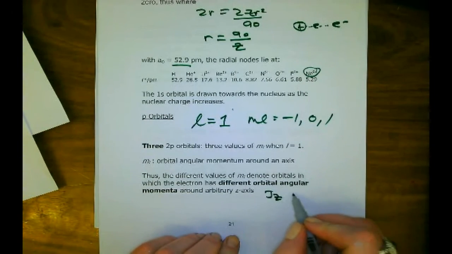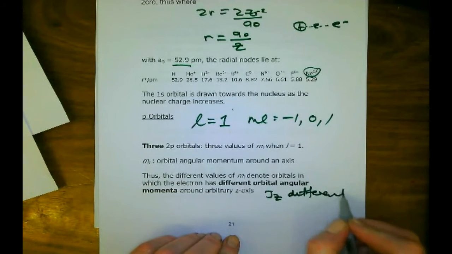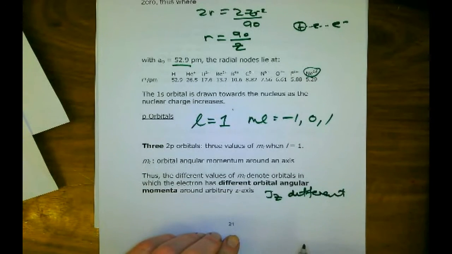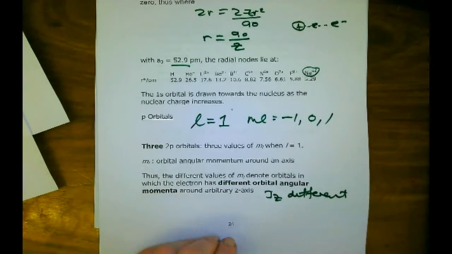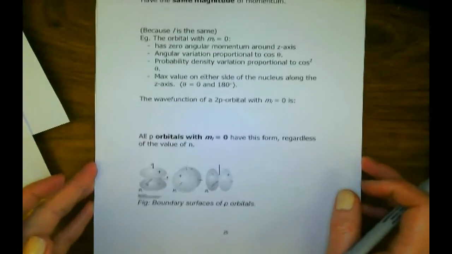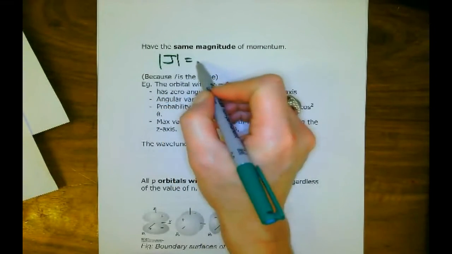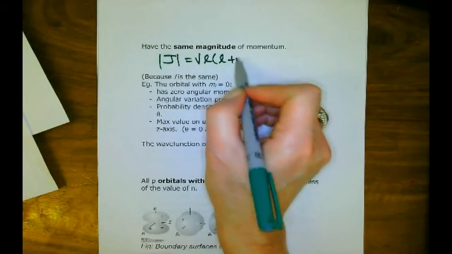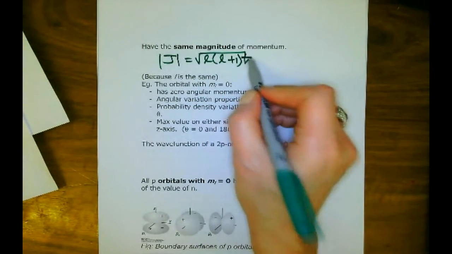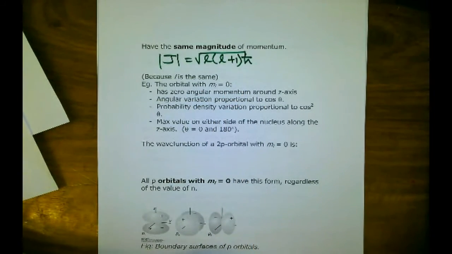So the Jz values are different. That's why we have 3 different p orbitals. However, the magnitude of angular momentum is the same. Why? Remember, we said that is only determined by l, and l is the same for all 3 orbitals.